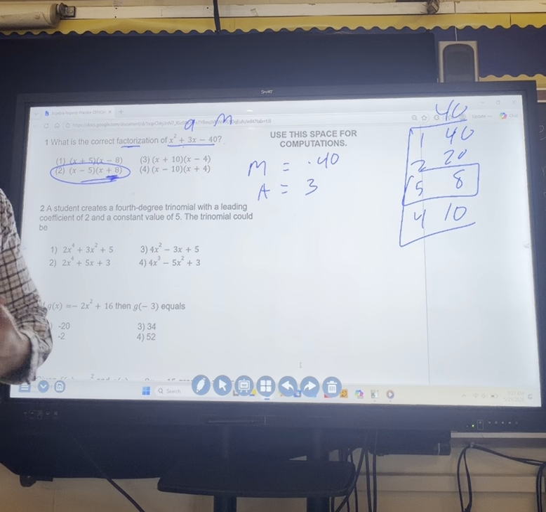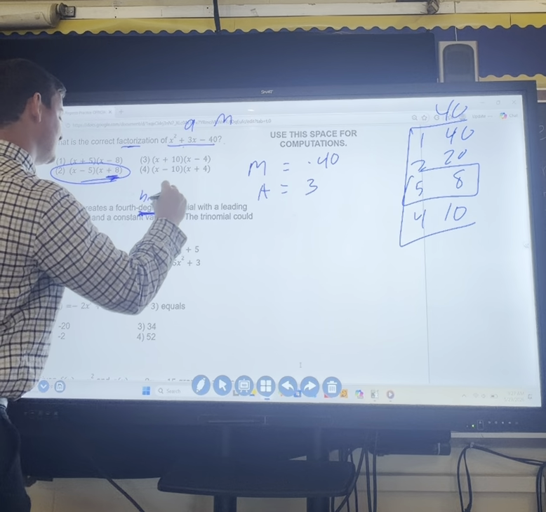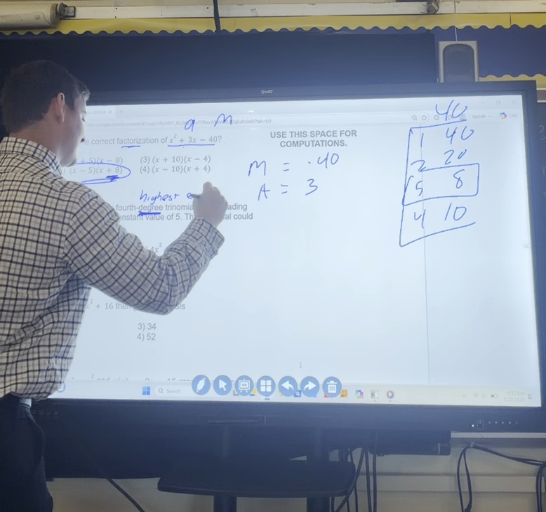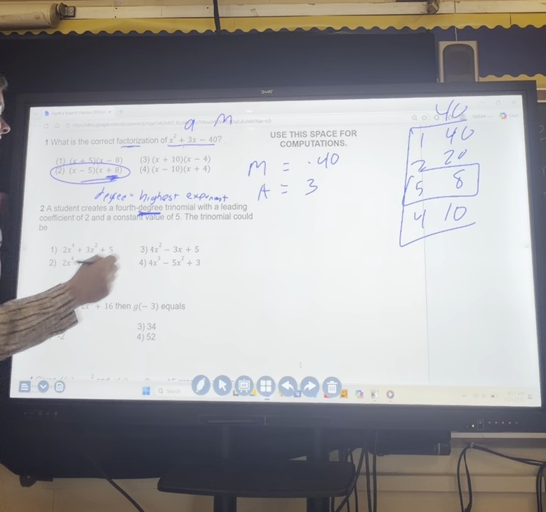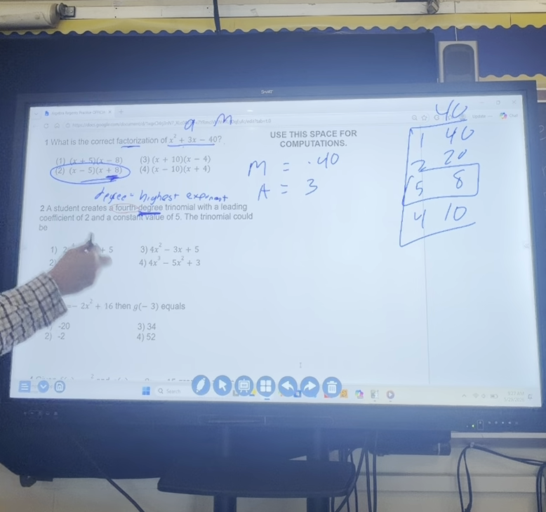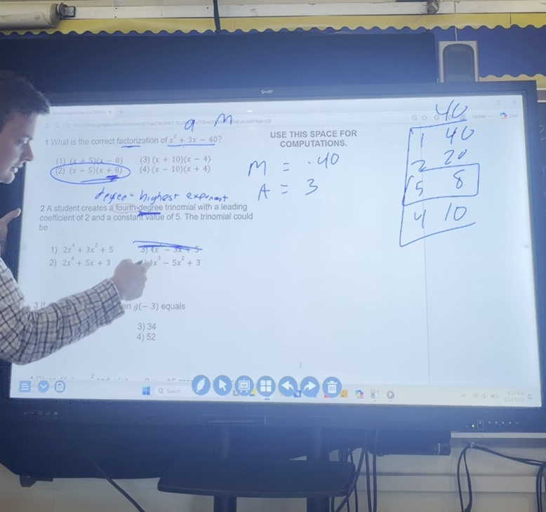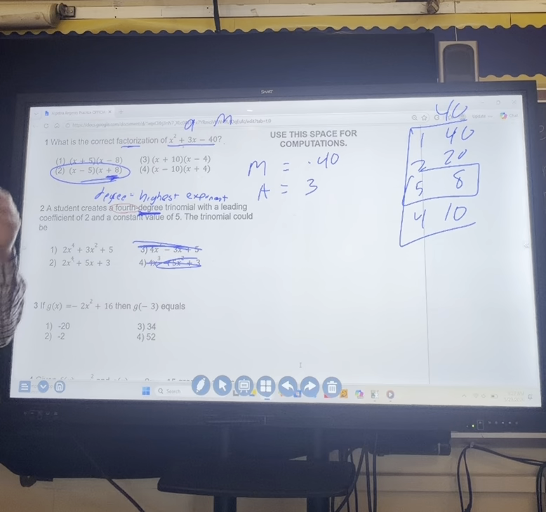Number 2 is just definitions. I know that degree is the highest exponent. So my highest exponent needs to be 4. That's not 4, that's not 4, that's 4 and that's 4. But just by knowing that one definition, it's a 50-50.